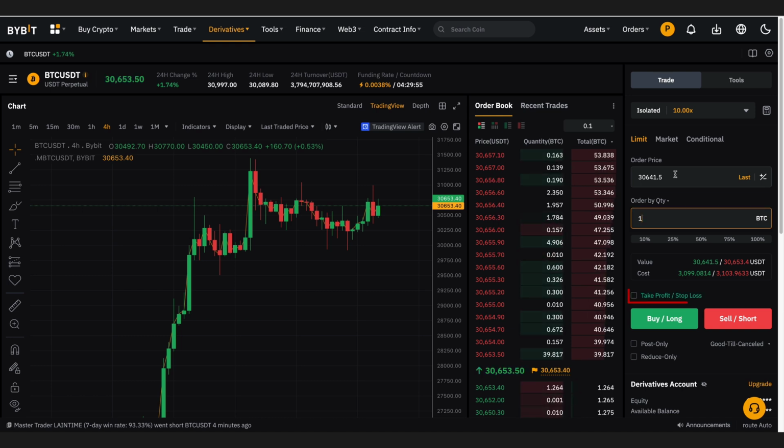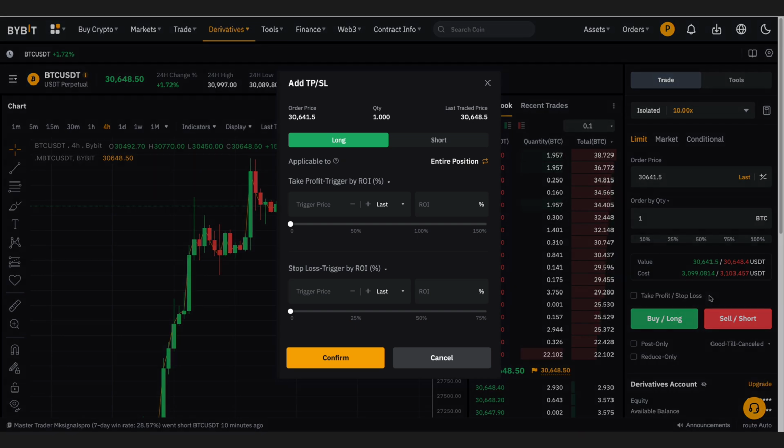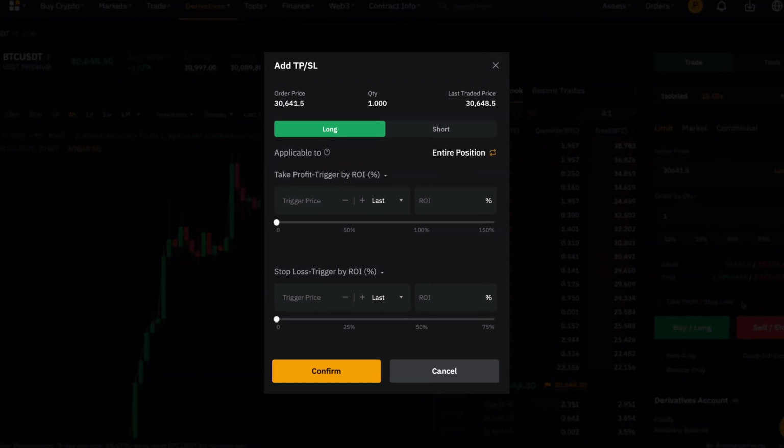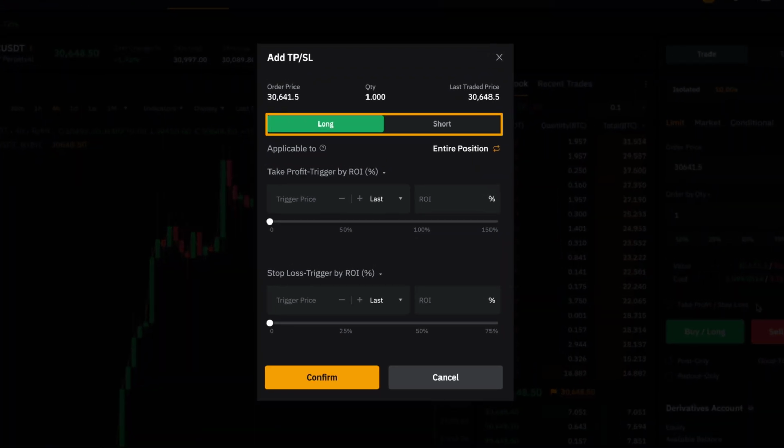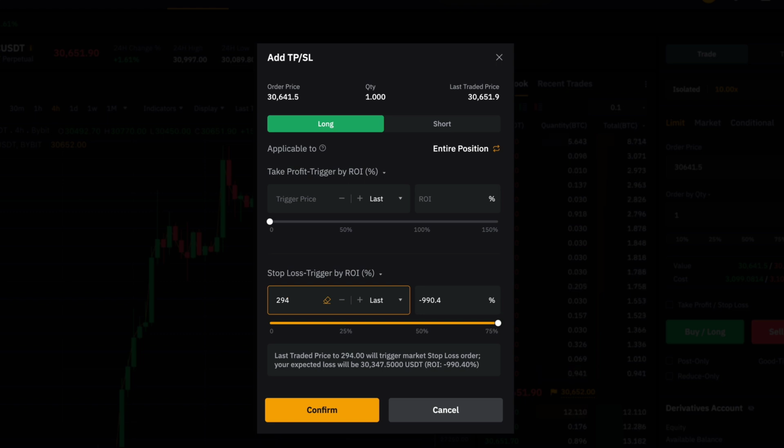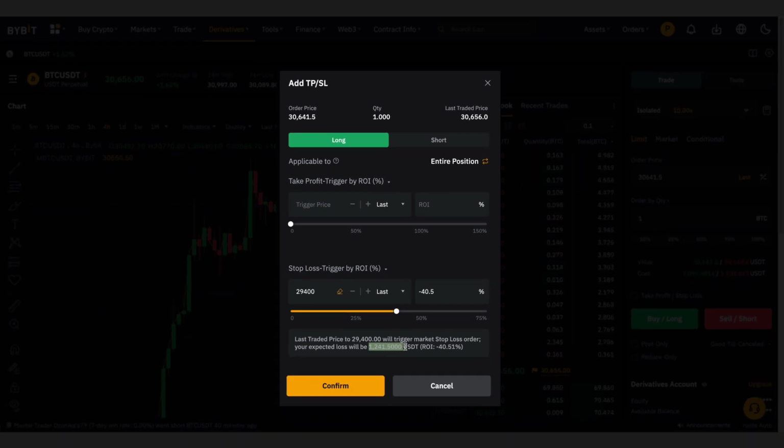Then we go to set up take profit and a stop loss. Here, in this window, we have to specify the type of our trade, long or short. Then enter the numbers of take profit and stop loss. After entering the stop loss, below it shows the amount of money which we can potentially lose if the price hits our stop loss.